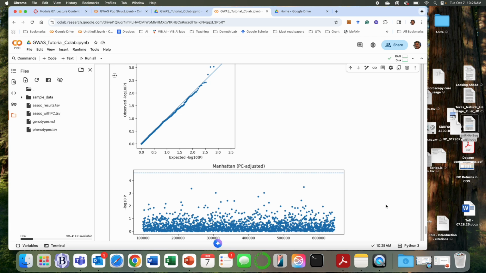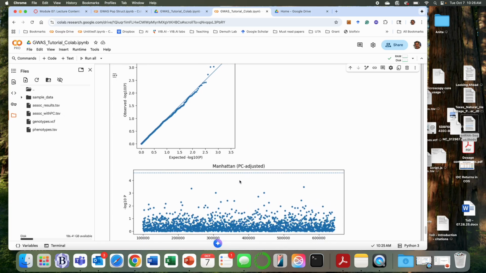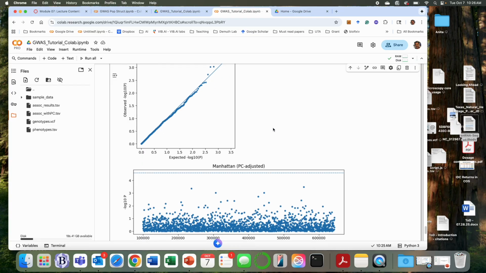So now when you correct for population structure, you see basically there's nothing significant. You might argue that maybe there's some signal there in the most associated, but at Bonferroni correction, there's nothing significant.